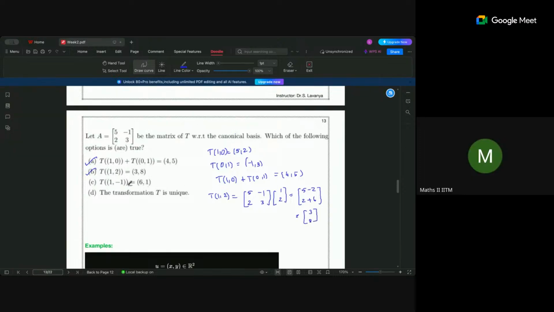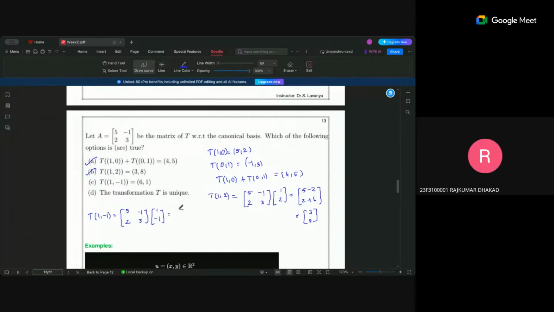Can you all do the C part just like I have done the B part? It is very similar to B. Just do this calculation and check the answer for T of 1 comma minus 1 and tell me. What's the answer?